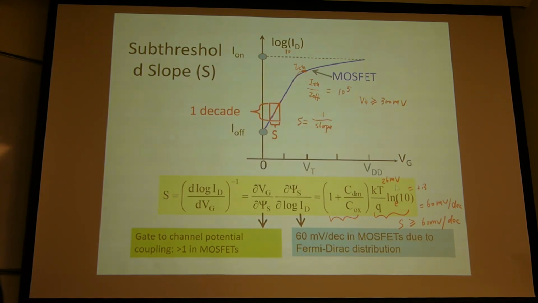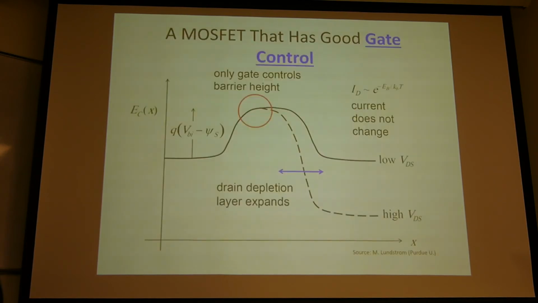This is due to the physics here: the physical constants, like the thermal voltage, and the natural log of 10, which converts the unit from base e to base 10. Of course this depends on the temperature. This 60 millivolts per decade is for room temperature. If you operate your transistor at lower temperature, then of course S will be smaller.